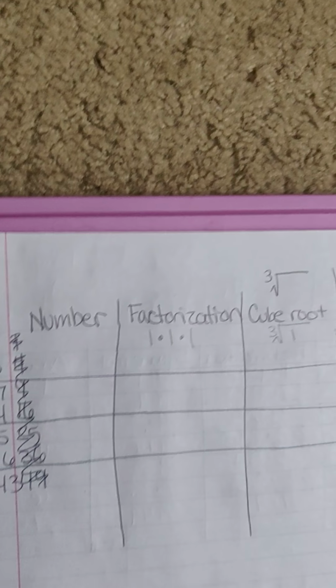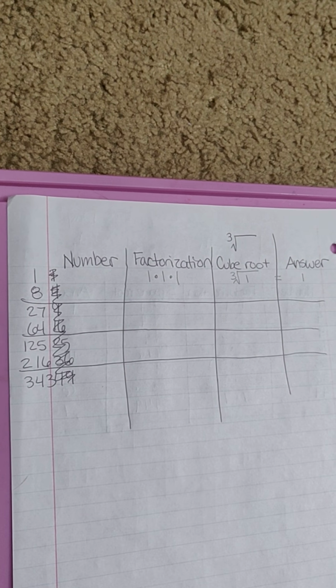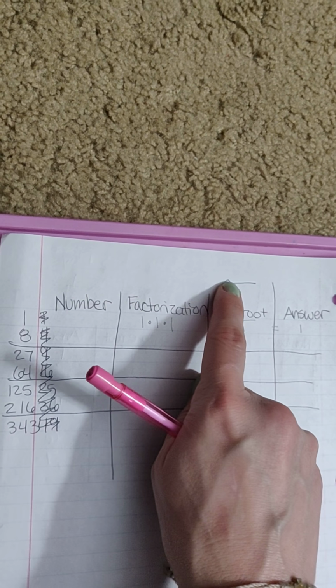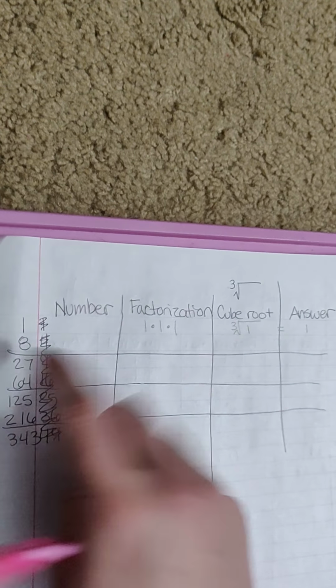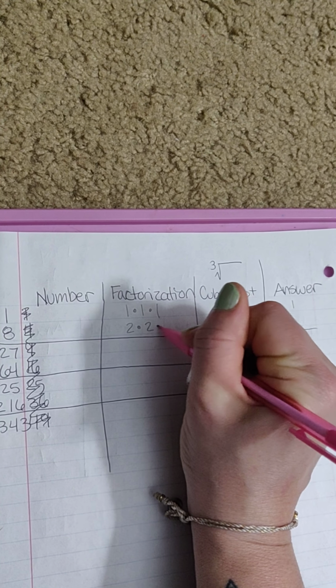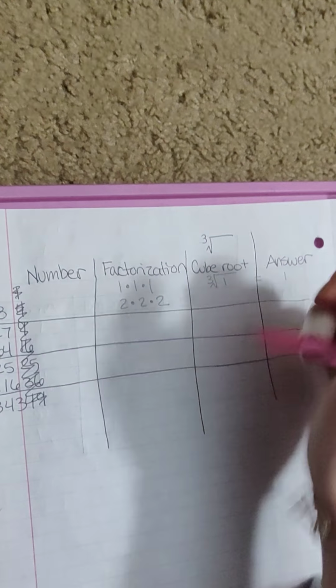All right, so here we started off with our 1's, but now for our 8. This one's a little bit different because I have to find 3 numbers that are the same that multiply together to get me 8. So I can do 2 times 2 times 2. 2 times 2 is 4, and 4 times 2 is 8.